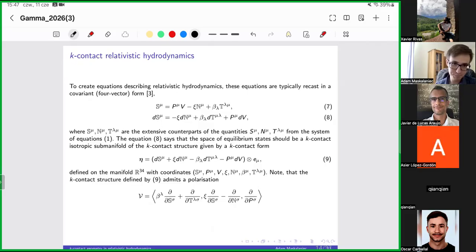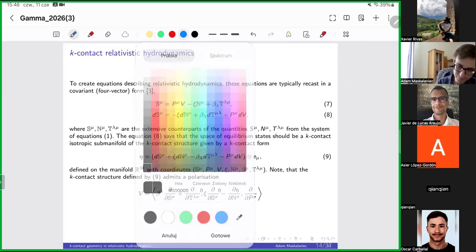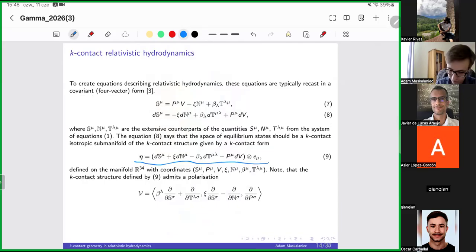So this is a bit artificial, and later we would like to get rid of that additional variable. However, the good news is that such a k-contact form admits polarization. So our k-contact manifold is a polarized k-contact manifold. Okay.